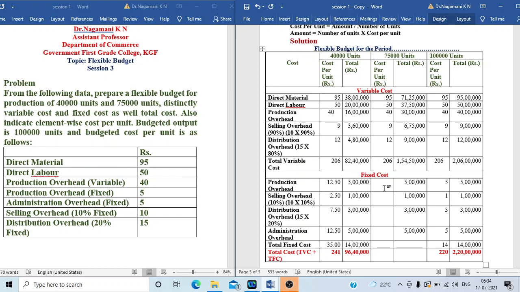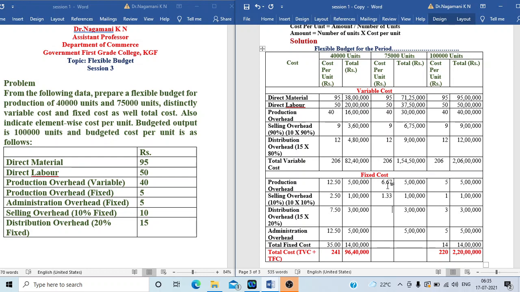The formula is amount divided by number of units. Here amount for production overhead is 5 lakh and number of units is 75,000. 5 lakh divided by 75,000 is 6.67. Then selling overhead 1 lakh divided by 75,000 is 1.33.